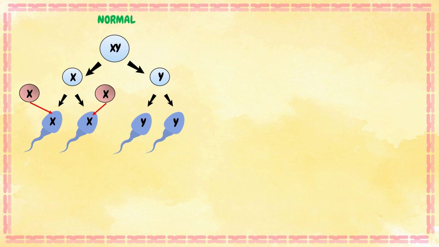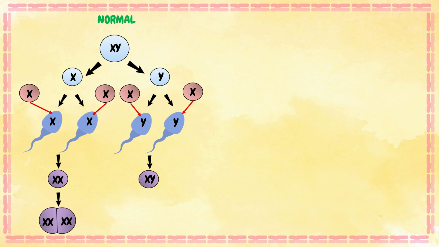Sperm with X chromosome fertilizes egg with chromosome X, and XX will be produced. Sperm with Y chromosome fertilizes egg with chromosome X. Result will be XY. Cleavage occurs. Now, normal female with XX chromosomes and normal male with XY chromosomes are produced.